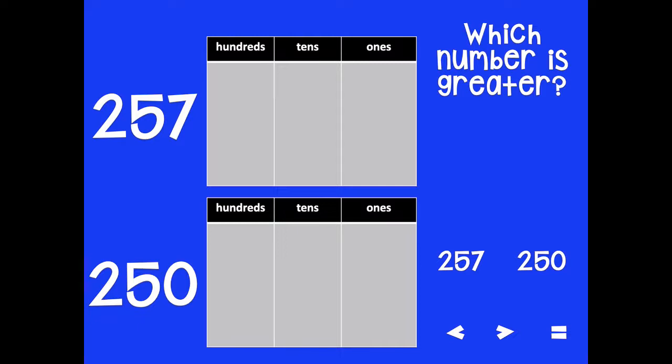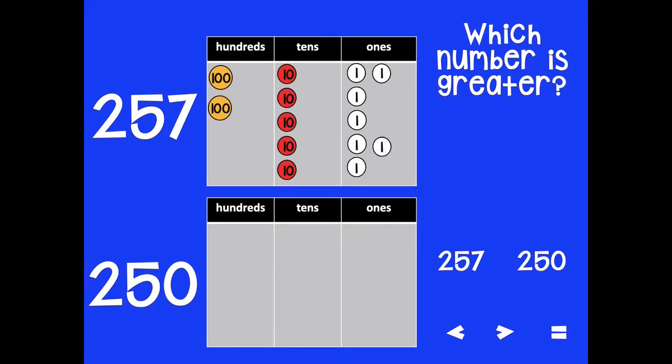All right, so I'm going to model our numbers. Here I have 2 hundreds, 5 tens, and 7 ones. Then I'm going to come down and model 250. So 2 hundreds, 5 tens, and 0 ones. As I'm looking at these numbers, I'm starting in the hundreds place. I'm comparing. Oh, they both have 200s, so there's no difference yet. So now I'm going to go to the tens place.